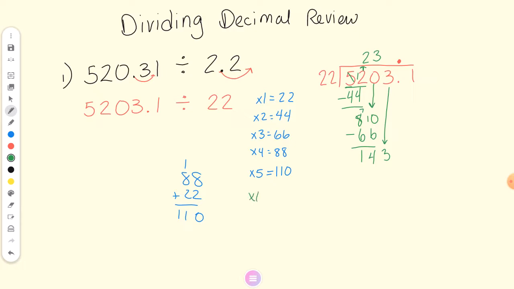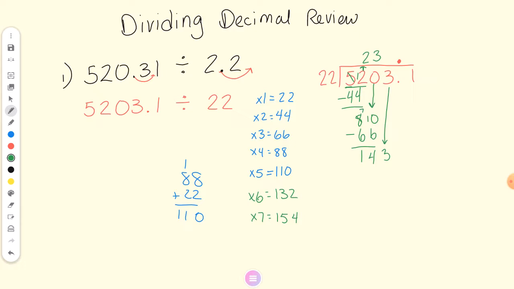Lori, if I add 22 to 110, where does it get me? 132. Finley, can you do plus 22 to that? 154. Am I good now? For now, I'm good.